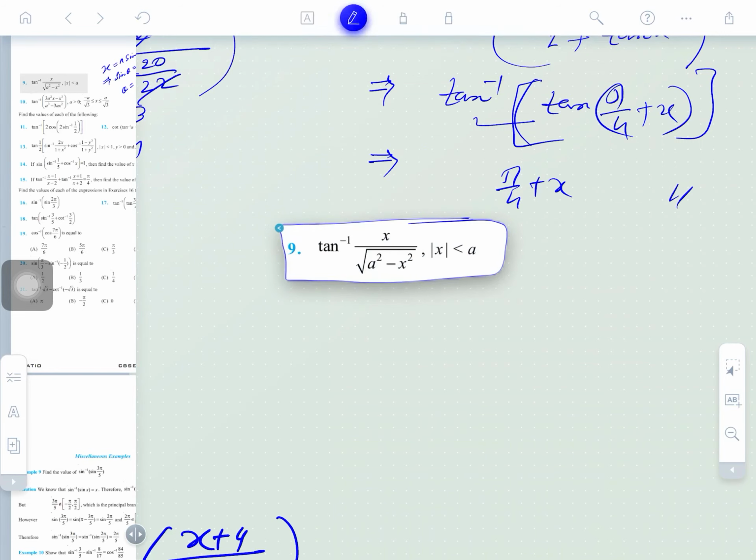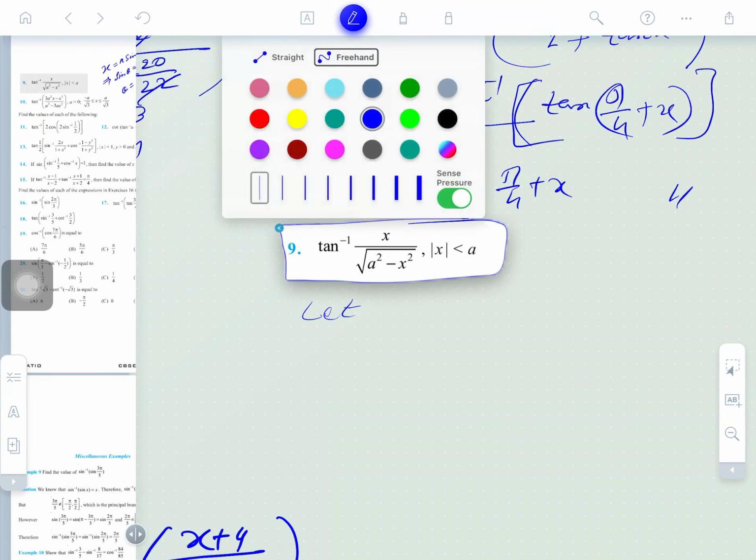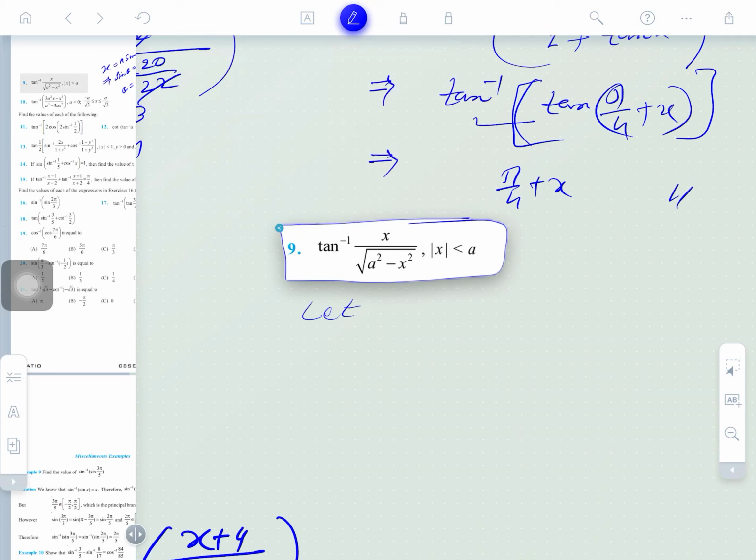Again we will suppose, let x be equal to a sin θ, which implies sin θ is equal to x by a, which implies θ is equal to sin inverse x by a.